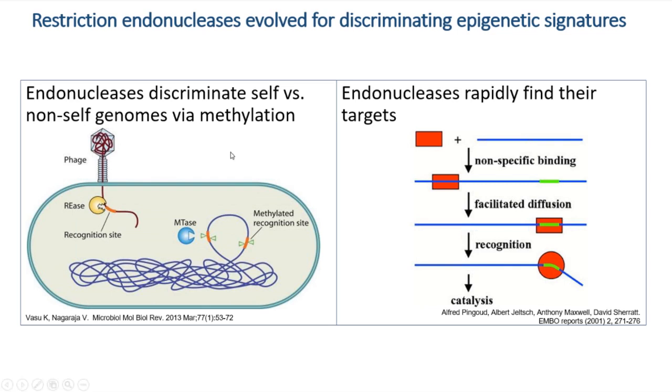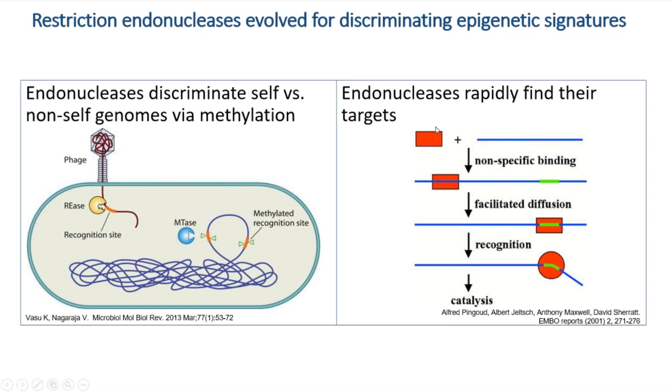In other words, it makes for the perfect tool for collecting an epigenetic strand of DNA. The other thing about restriction enzymes that makes them particularly useful for our uses is how rapidly they work. So, as you can imagine, they had to evolve to sort of rapidly scan all the chromosome and rapidly identify an invading phage, otherwise the cell dies. That's why I think this is such a great evolutionary tool.